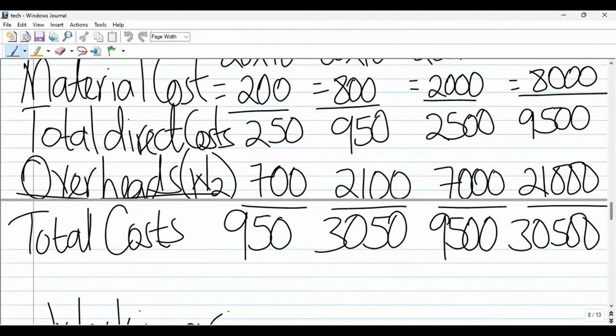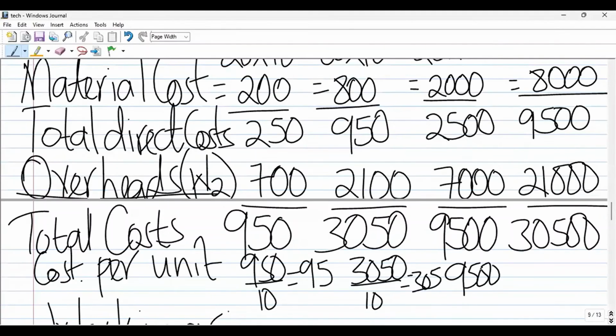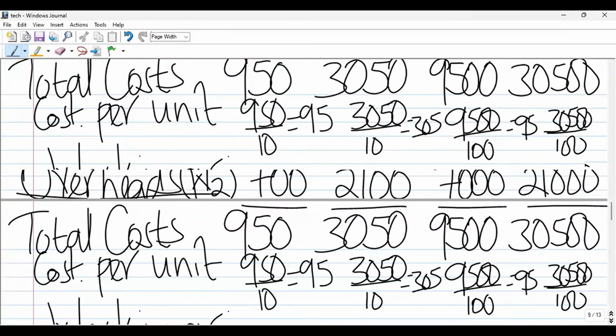So cost per unit: 950 divided by 10 is 95. 3,050 divided by 10 is 305. 9,500 divided by 100 is 95. 30,500 divided by 100 is 305.